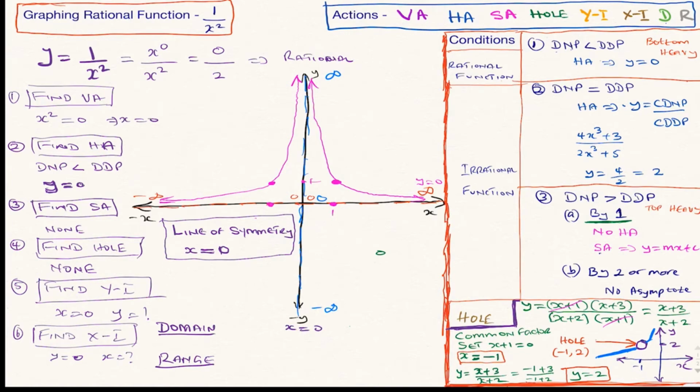So the domain is basically all the possible values for input x. So we start with a curly bracket, and then we do x colon. Now it starts from negative infinity along the x-axis, the red one, and then it goes all the way to 0.